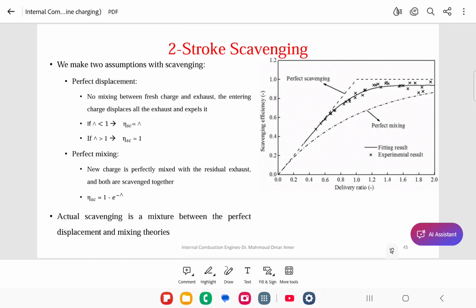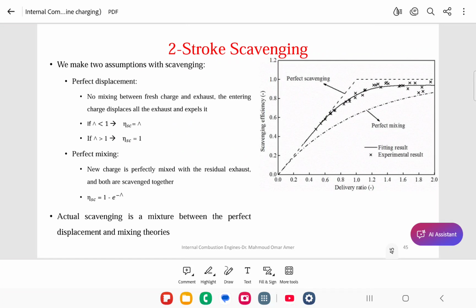Okay? What about the second assumption, the perfect mixing? Perfect mixing assumes that before the exhaust gets out, all the intake charge gets inside the cylinder, they mix well with each other, and a portion of the exhaust starts to get out.